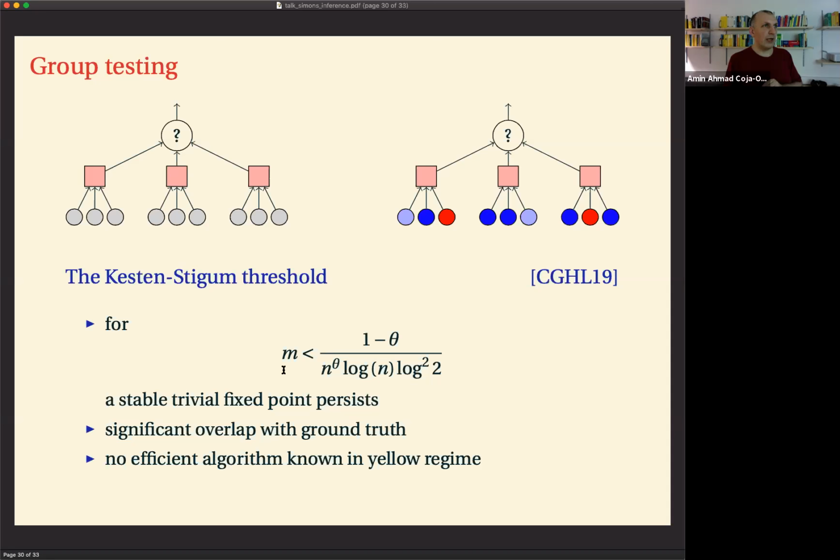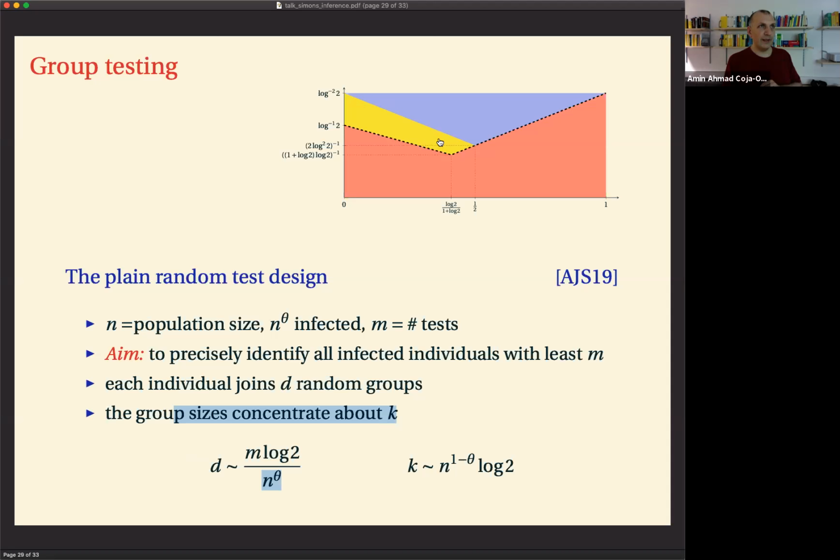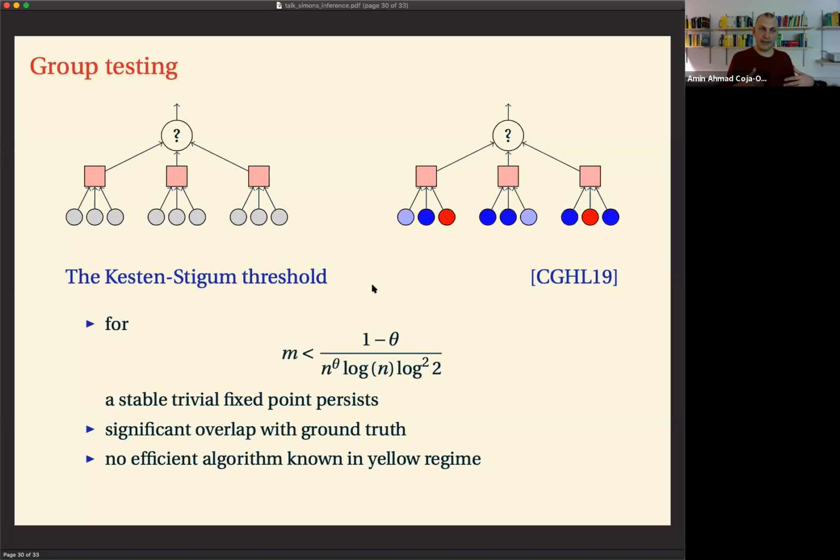Namely, if you are in this yellow area, it turns out that, again, a trivial solution to belief propagation would be attractive.